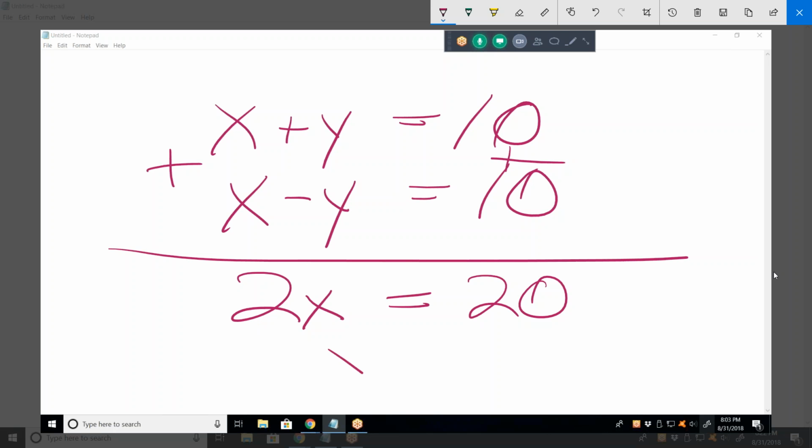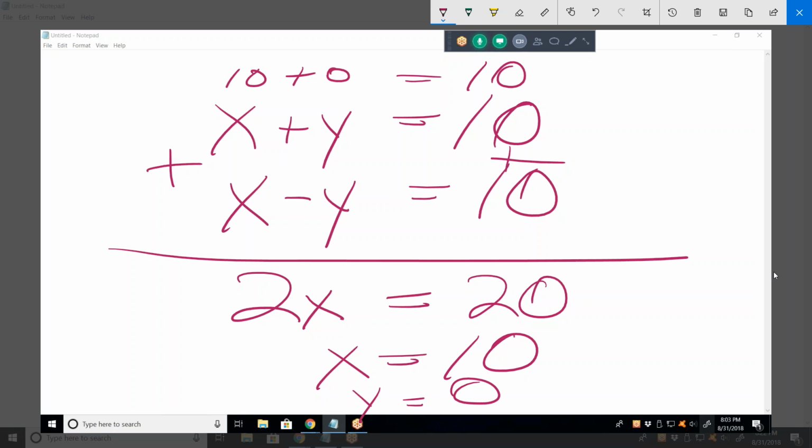Okay, so x equals 10. If x equals 10, what's y equal to? And notice that works. 10 plus 0 equals 10. And down here, 10 minus 0 equals 10.